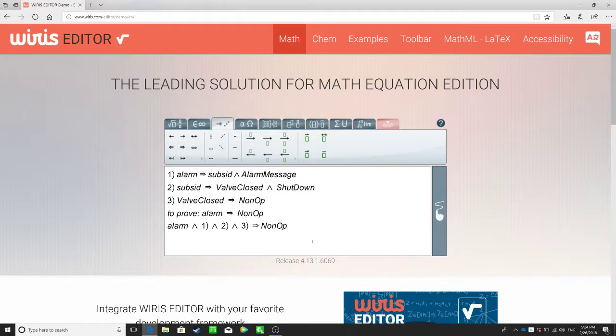Basically, we have different ways to prove that. Some of them may be long, some may be short. It's not necessary that you always find the shortest way to prove it.